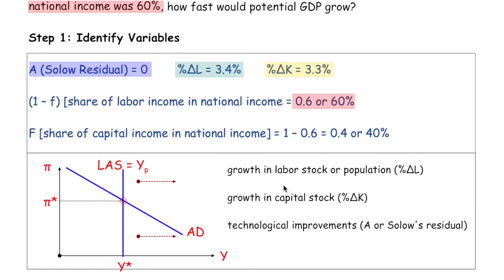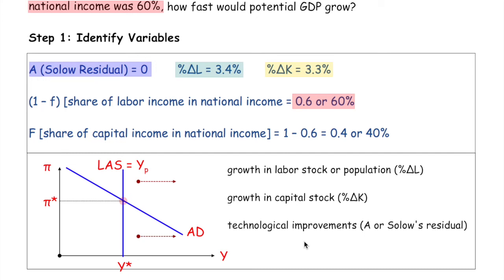A second factor that can contribute to the growth in YP is capital accumulation, or the growth in capital stock. So if there's a greater availability of machinery and equipment, perhaps the economy would be able to produce more output. The third source of growth, which is the most sustainable source of growth, is growth that stems from technological improvements. So this is growth that essentially increases factor productivity, so it makes your labor and your capital more productive than it currently is.